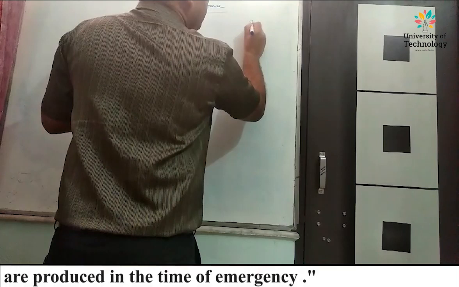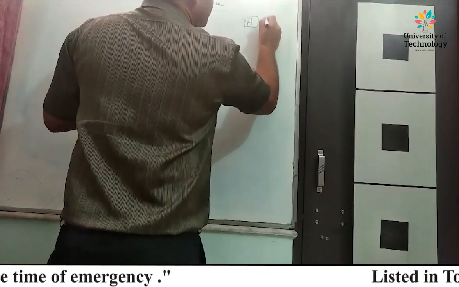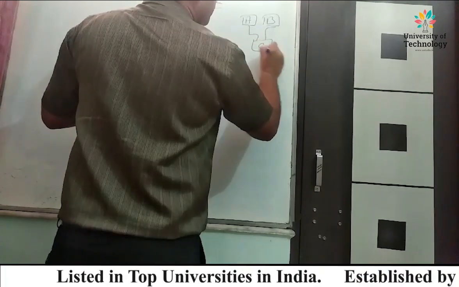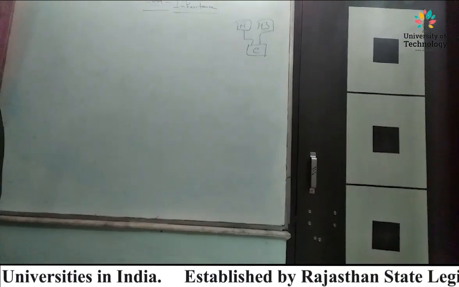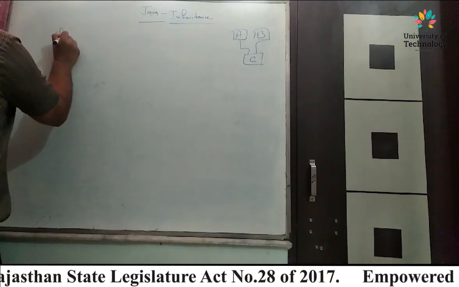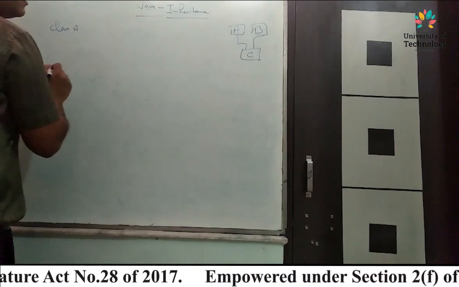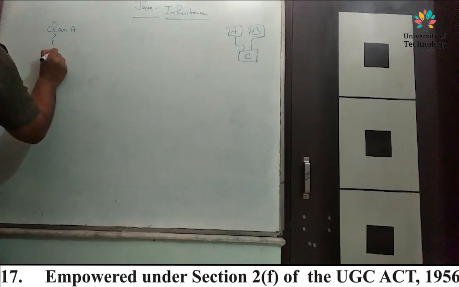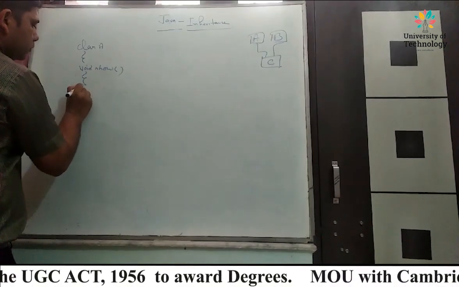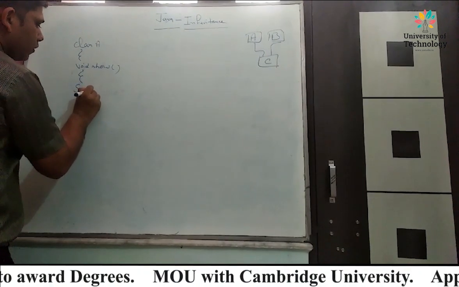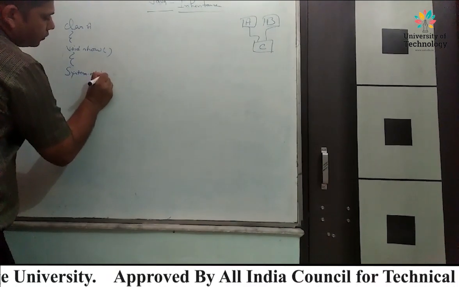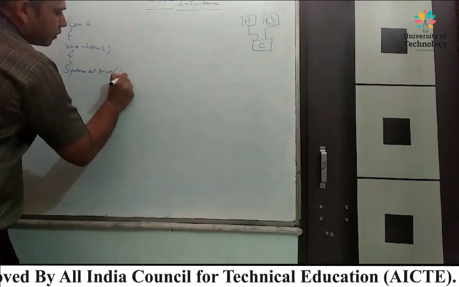According to the diagram, A, B and C. So we have to make two classes first, A and B. Class A, void show, hello.